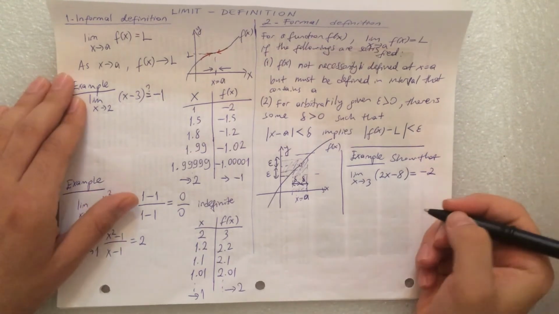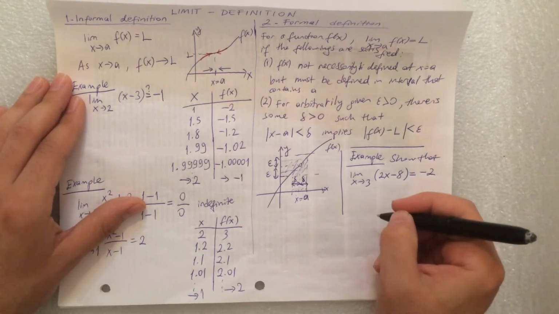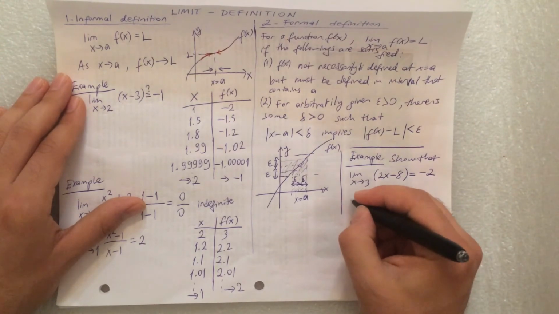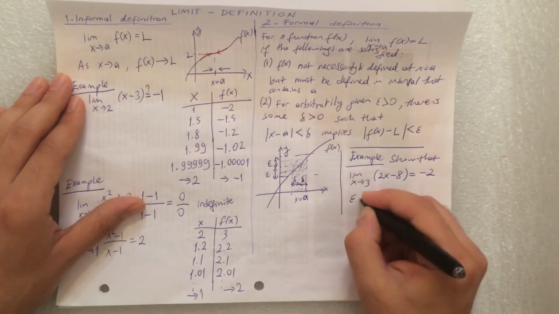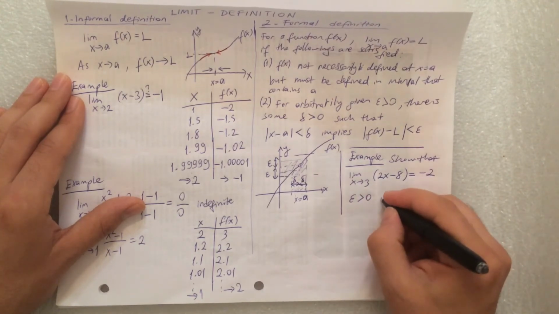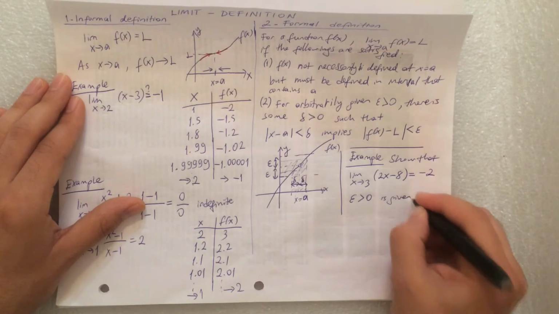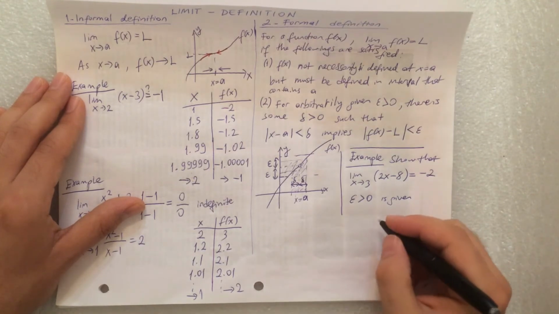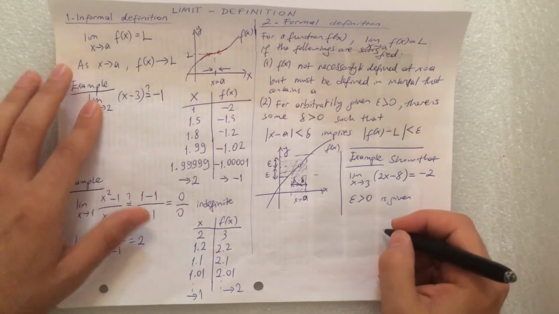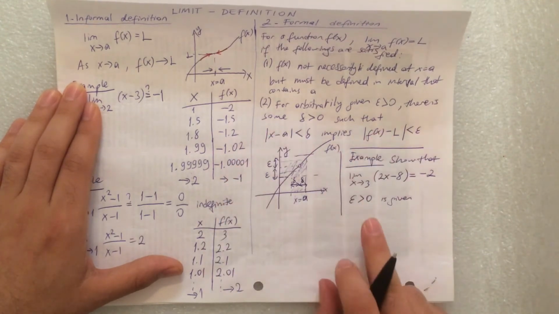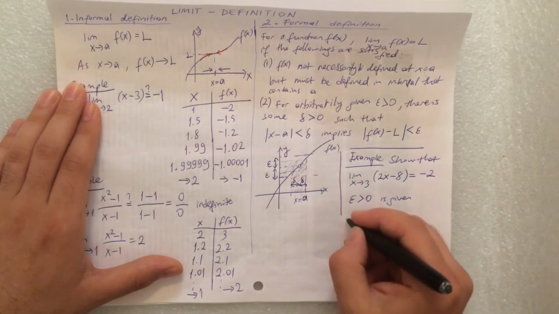For this one we need to assume that epsilon is given. Assume epsilon greater than 0 is given. And we are going to find some delta, maybe a function of epsilon, maybe something dependent on epsilon, such that this one implies this.